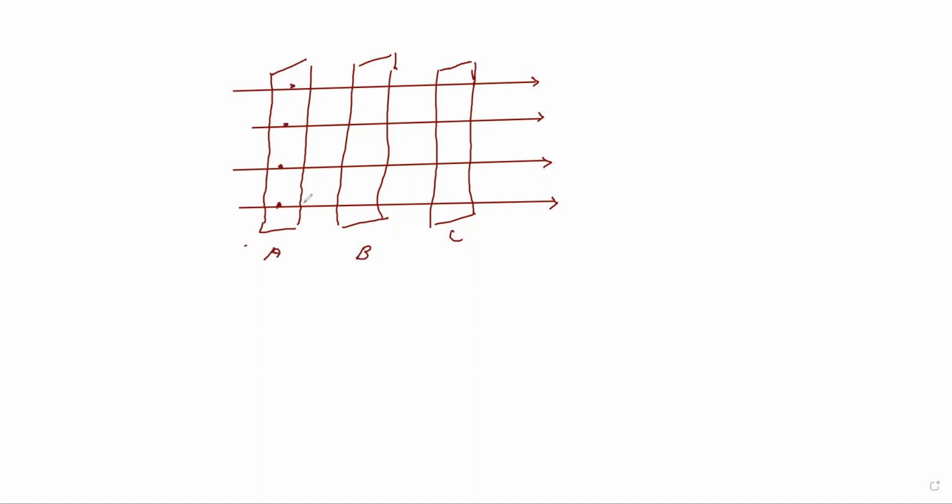So the potential at plane A, the potential at plane B and the potential at plane C are not equal to each other. Why are they not equal? But these points are the points in this plane.